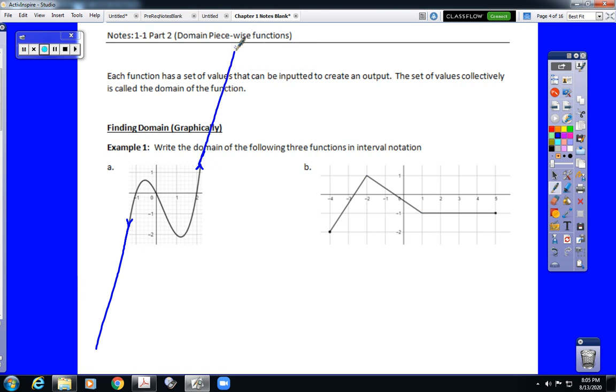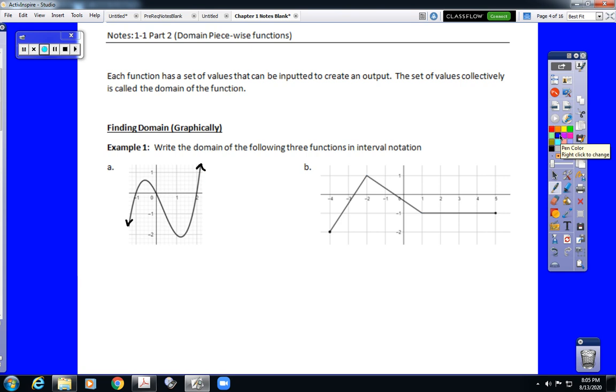Okay? So when we're looking at domain, we have to think to ourselves, what x values are we allowed to plug into this function? In other words, if we look at this graph, are there any x values that do not have an assigned y value?